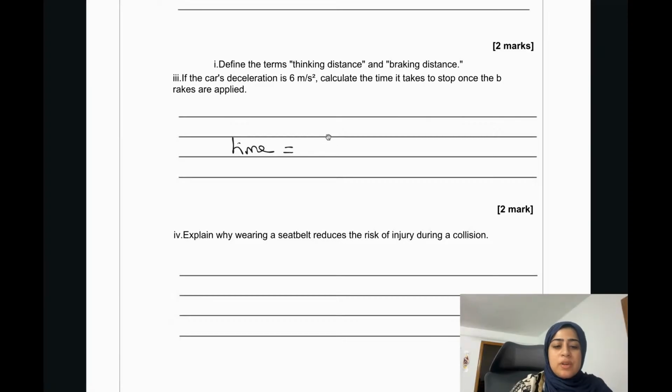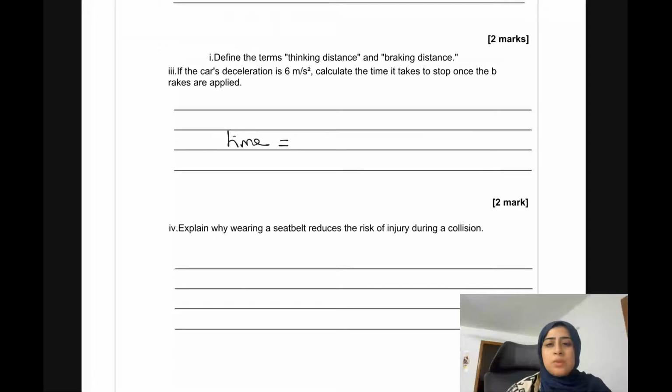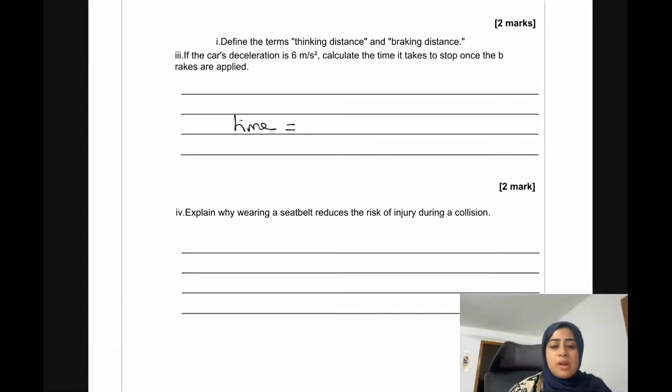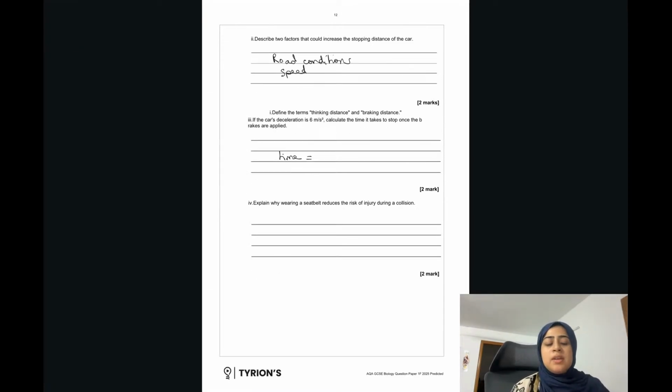The change in velocity is the final velocity take away the initial, and then you can divide it by the acceleration. But we're given the velocity, 30. So here it would just be 30 over 6. So that would be 5 seconds.